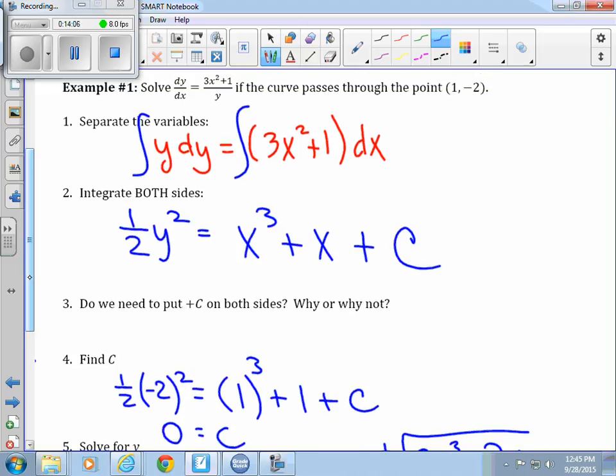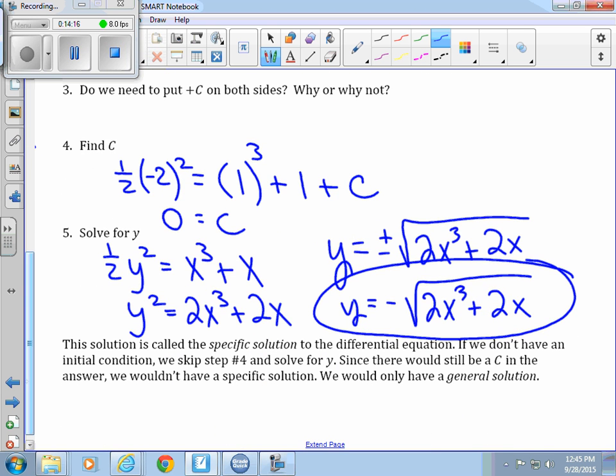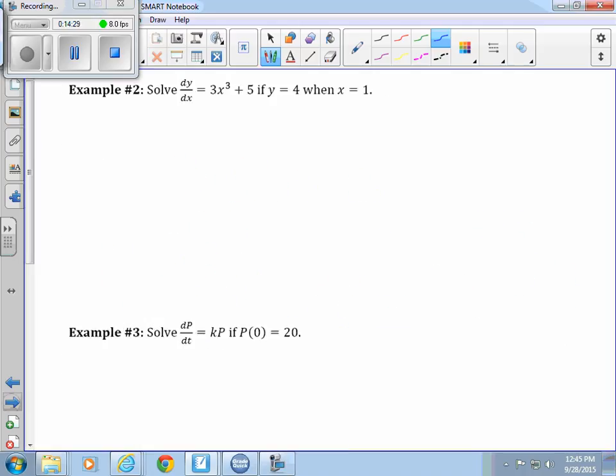Like if it were a circle, we're talking is it the top half of the circle or the bottom half of the circle. We know that it goes through the point (1, -2). So if I plug in 1, which one would give me a negative 2 answer? It would only be the negative. So you pick the one that fits your specific condition.